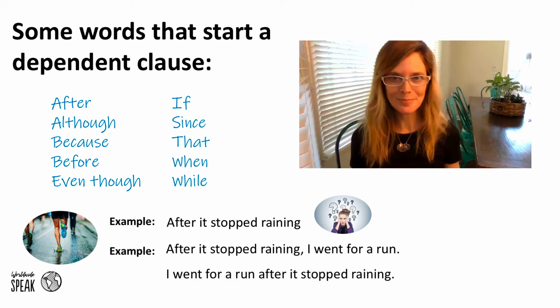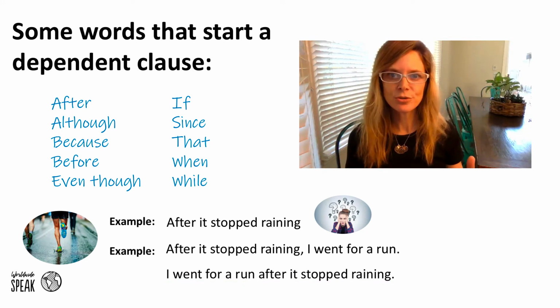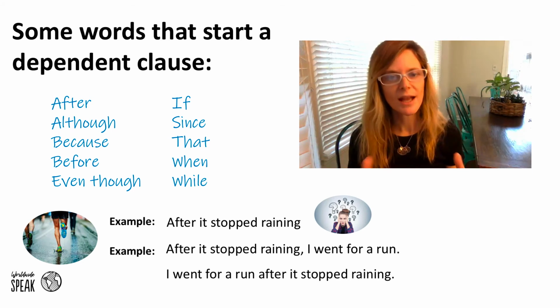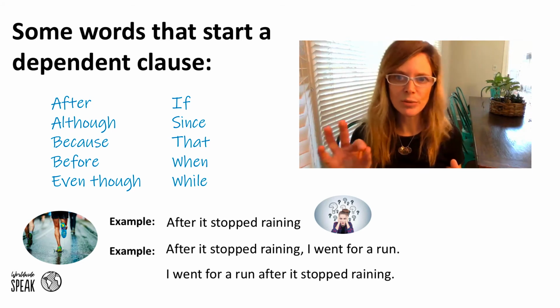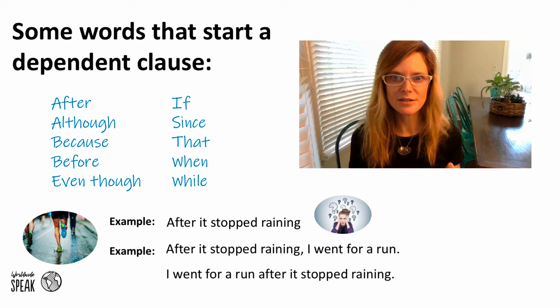Let me repeat that. If you choose to start your complex sentence with a dependent clause, and you'll know it's dependent because you're using one of these special words that signal dependent clause, then you must use a comma after the dependent clause before the independent clause.